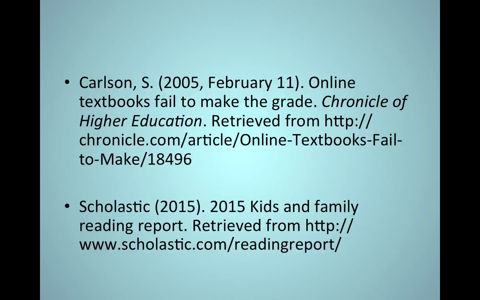Notice the use of capitals in the title of the article and the use of capitals, which is different in the title of the journal or newspaper or whatever the online publication is. And the use of italics. Notice how I listed the web address. No date is included. That's the previous version of APA. You might still be working in that version, but we're in the 6th edition right now, and the 6th edition does not call for a date when you're listing a website address.